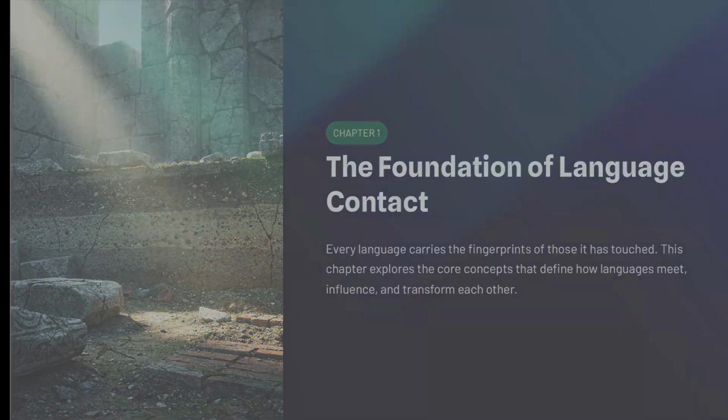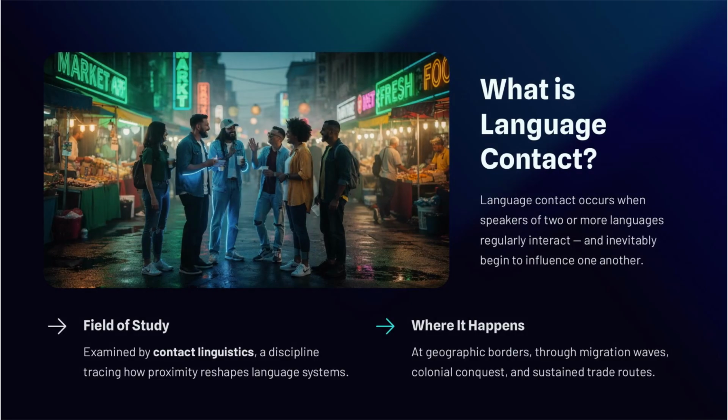transformation. Language contact occurs when speakers of two or more languages interact regularly over a long period of time. As a result, their languages begin to influence each other. This area is studied by a branch of linguistics called contact linguistics.